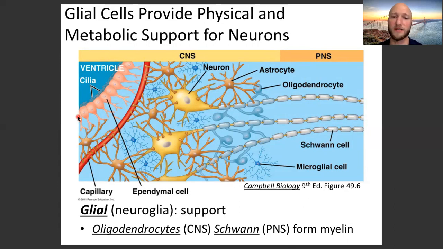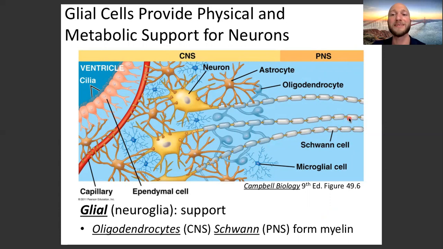Oligodendrocytes and Schwann cells, on top of providing physical and metabolic support, help to produce myelin. Myelin are these round insulating things on the axons, and myelin is super, super important to the function of neurons.